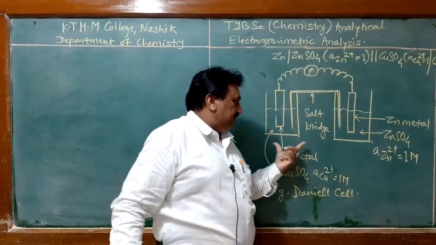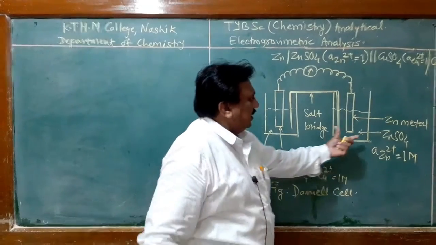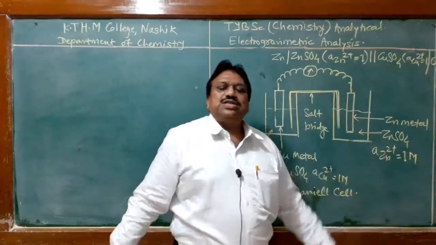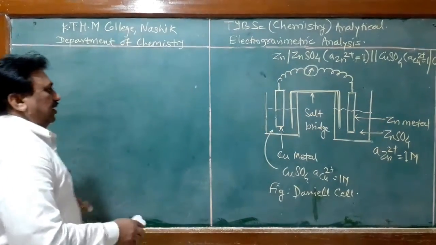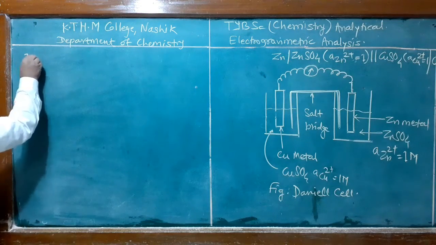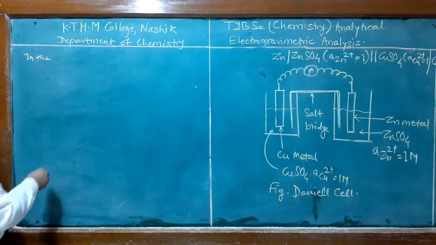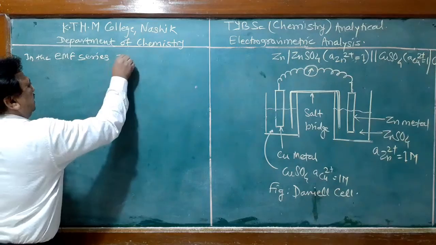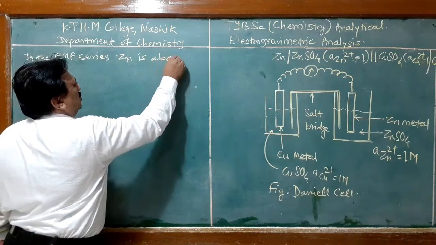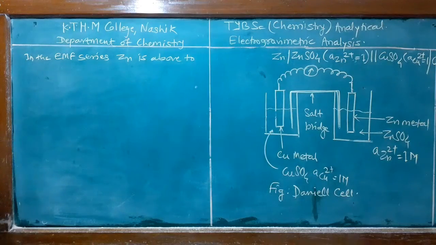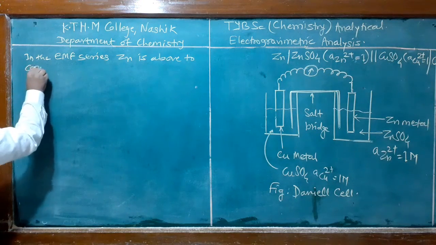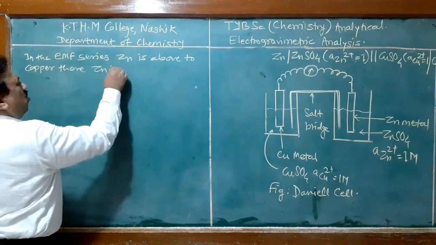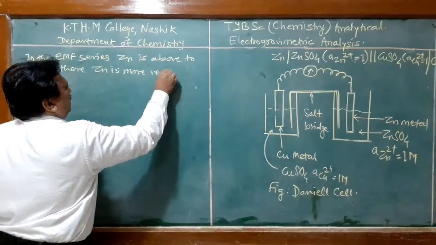The Daniell cell is a combination of a zinc electrode and a copper electrode, and these two electrodes are coupled by using a salt bridge. Now in the electromotive force series, or EMF series, zinc is above copper. Therefore, zinc is more reactive than copper.